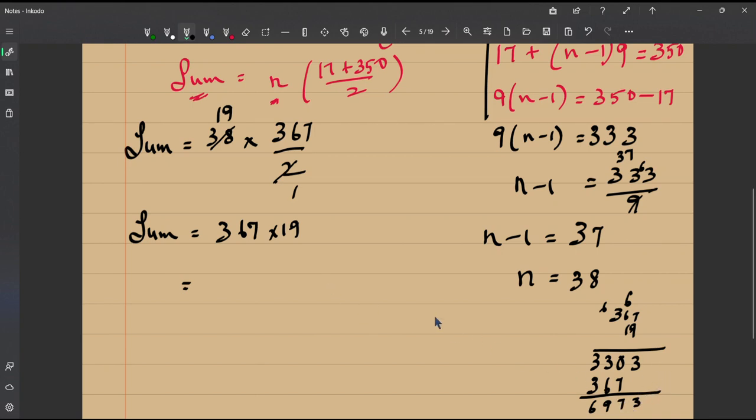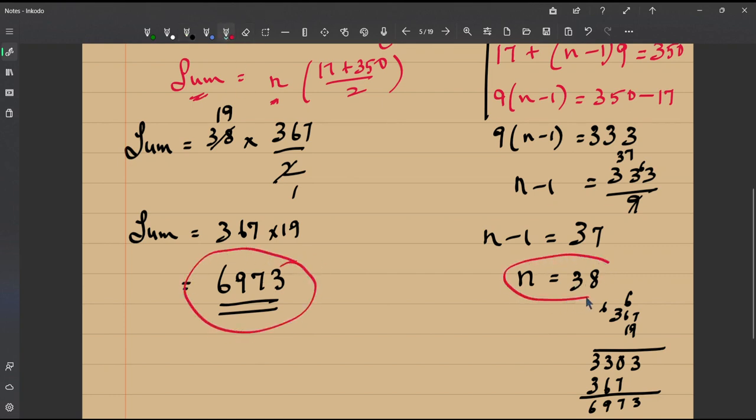So our answer to this question is that the sum of all the 38 terms of this arithmetic progression is going to be 6,973. So we have found both the answers, the sum and the number of terms. I hope you've understood both the problems which have been worked out here. Thank you.